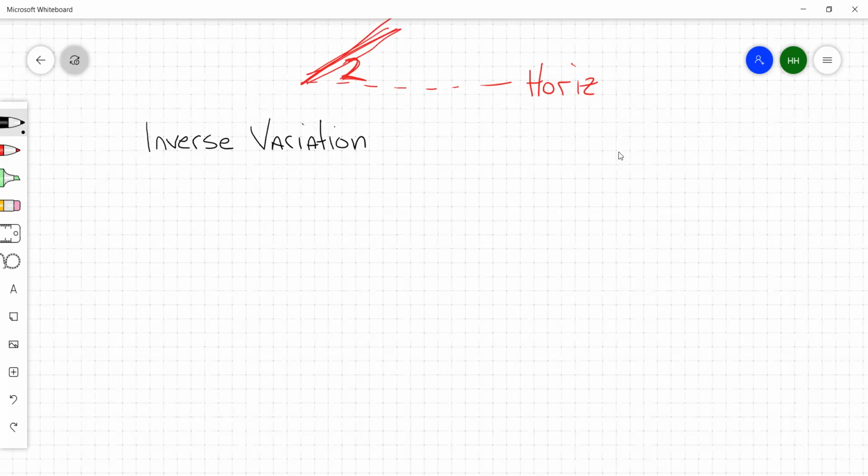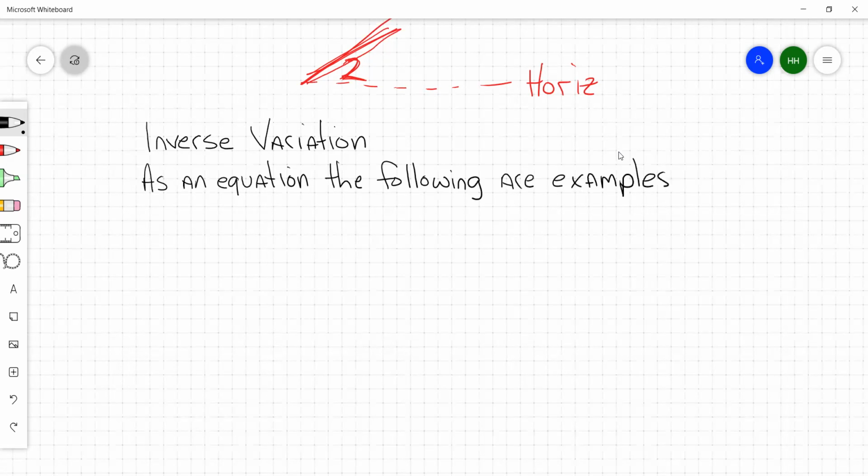All right, we're going to say here that as an equation, the following are examples of each. First, we got direct variation.